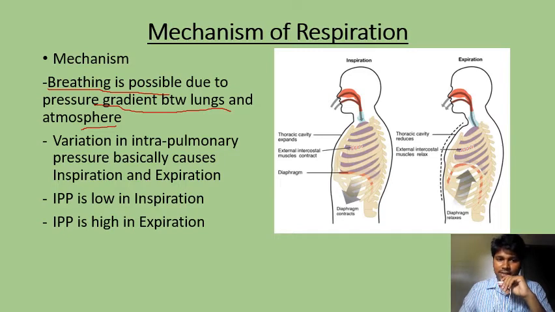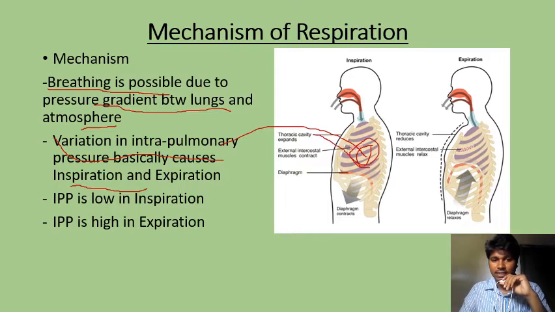The variation in intrapulmonary pressure basically causes inspiration and expiration. The pressure present inside the lungs is called intrapulmonary pressure. I am repeating it again because it basically causes the inspiration and expiration, nothing but inhalation and exhalation.